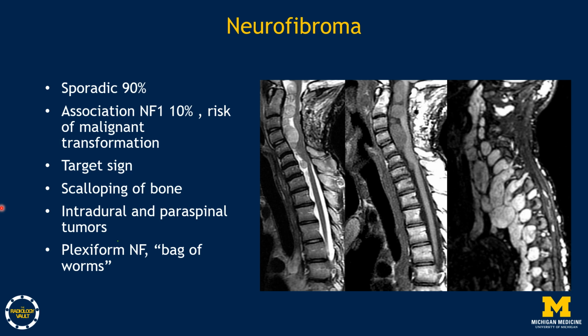A classic feature is the target sign on T2-weighted sequences, where we see a hyperintense rim with a central comparatively lower T2 signal. Due to their slow growth, they may lead to scalloping of adjacent bone. They can be found intradural or paraspinal, and when they extend through the neural foramina, they may take on a dumbbell configuration.